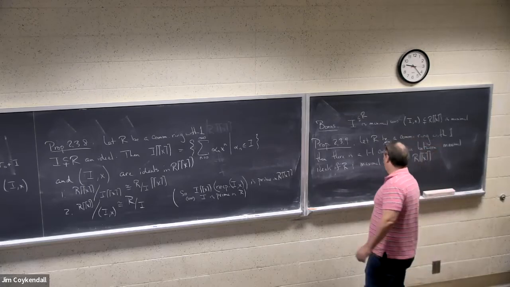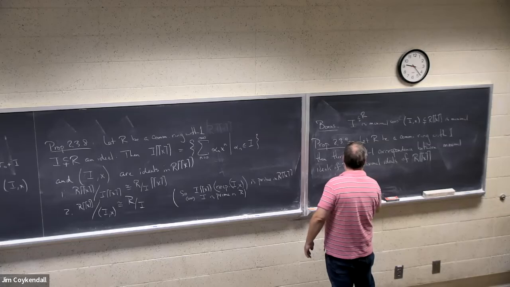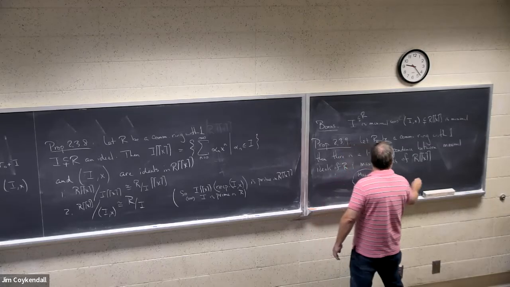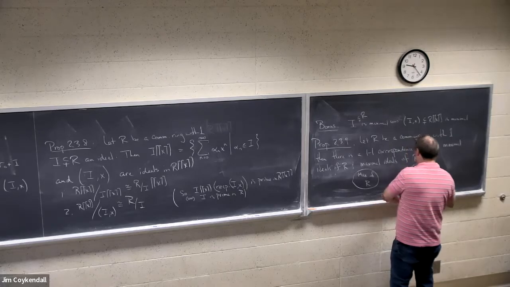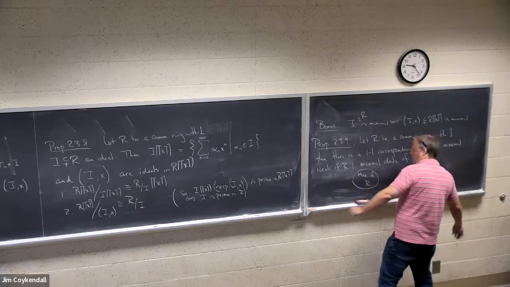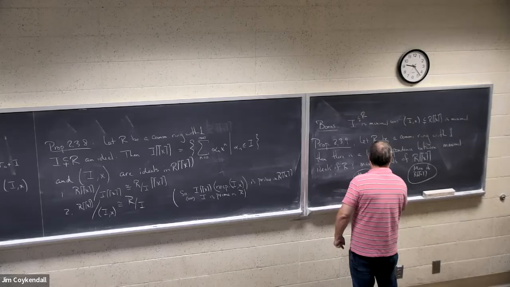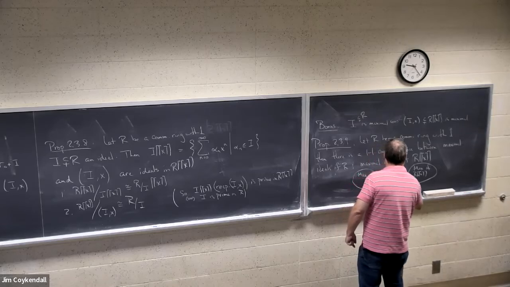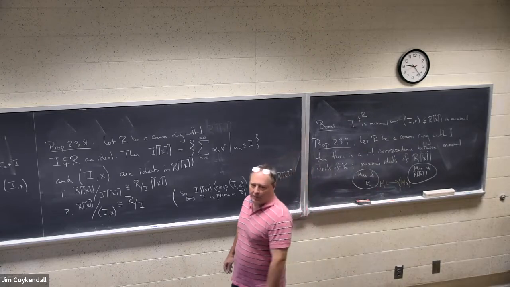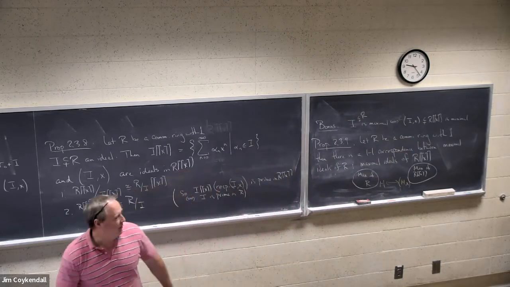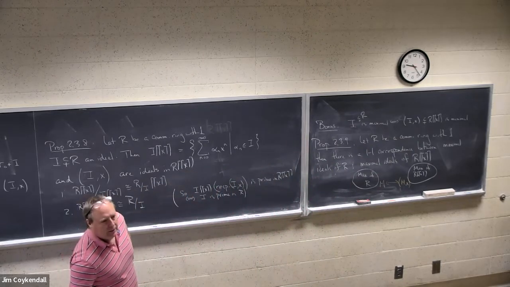The correspondence goes this way: a maximal ideal M of R corresponds to the maximal ideal (M, X).